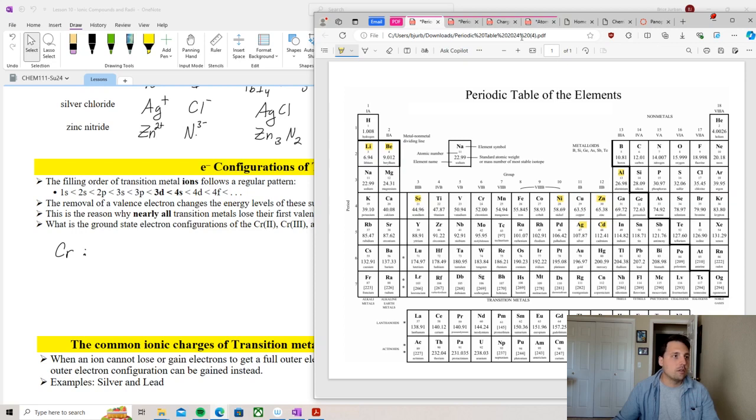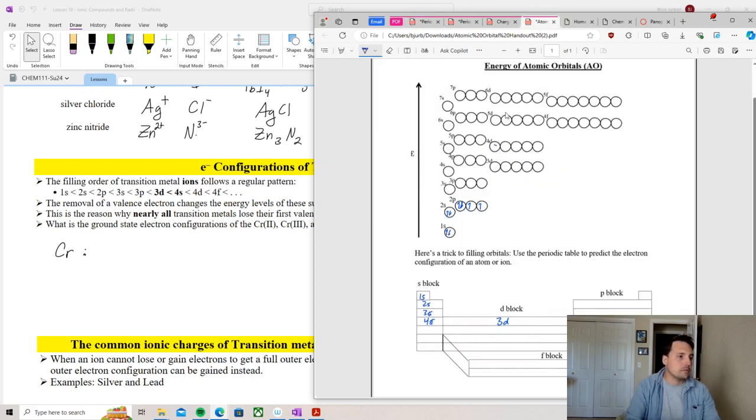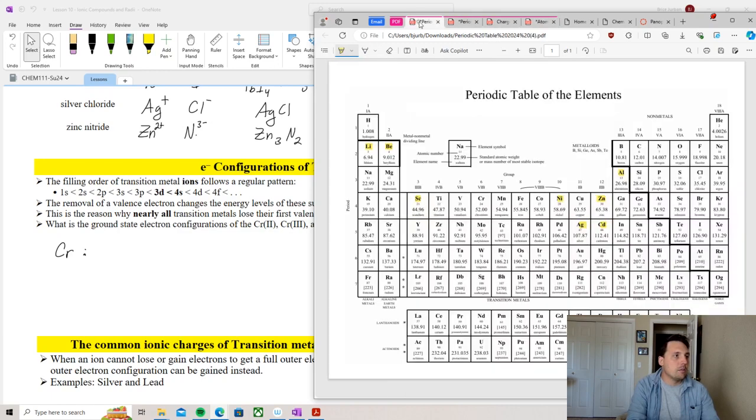It's element 24. Okay, so if it's element 24, that means it's going to have the core configuration of argon, and then we'll start here with the 4s electrons.